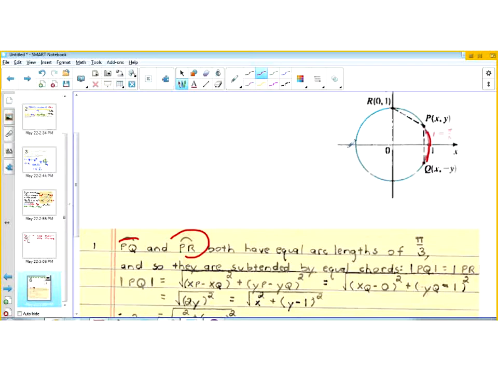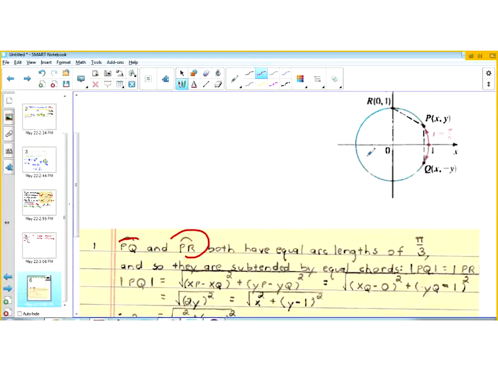And then pi over 6 plus pi over 6 is 2 pi over 6, which is pi over 3. So that's a construction that we need for the proof of the coordinates of point P. We know these two arc lengths are pi over 3, so they're the same. The next piece of the proof means that these two arcs are subtended by equal chords.